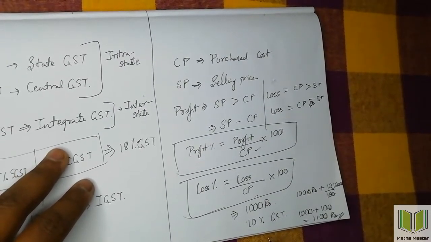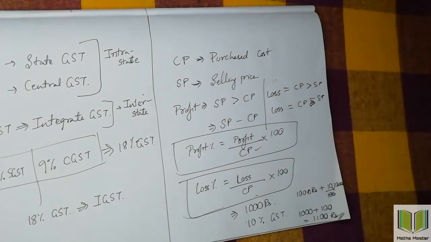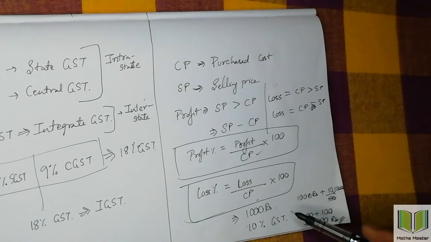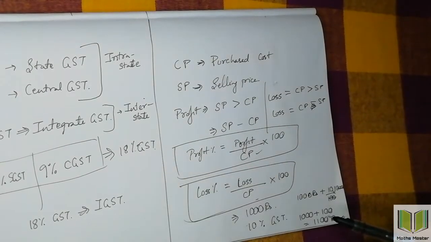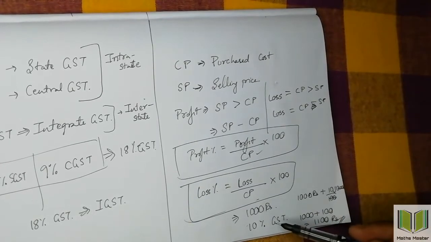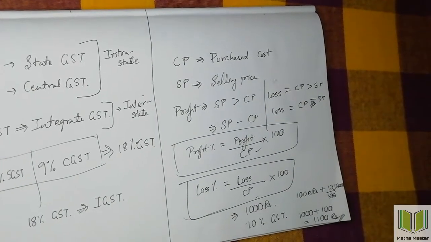The GST comes into the picture when an item is being purchased from the shopkeeper. I did not say anything about IGST, CGST or SGST. I've just said, if you're going to a shop and purchasing an item, you'll be paying GST in this way. Whatever the selling price will be from that particular vendor, on top of it, you'll be paying the 10% GST to buy the merchandise. Clear?